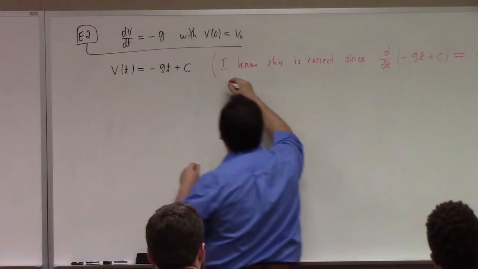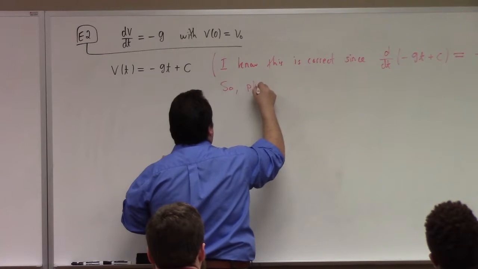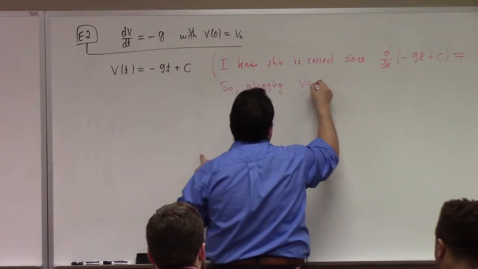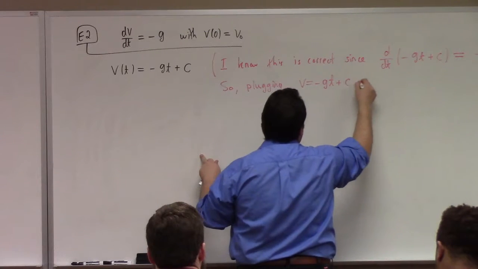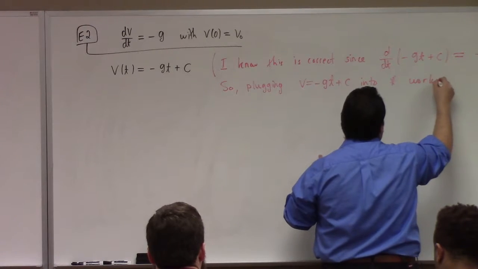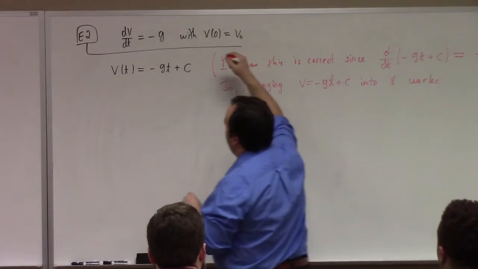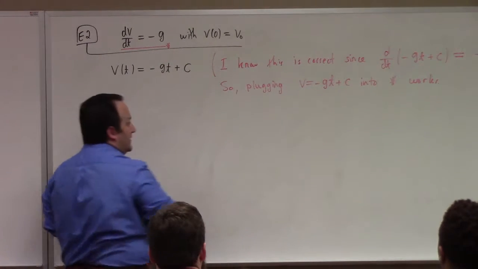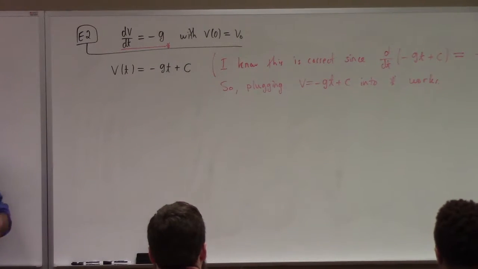So plugging v equals minus gt plus c into star works. And that's what it means to have a solution to a differential equation. If we plug it into the differential equation, the equation's true.